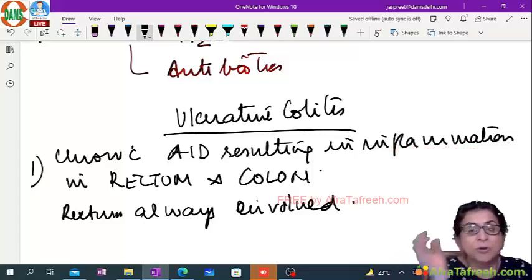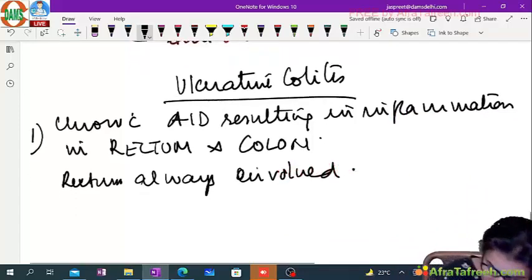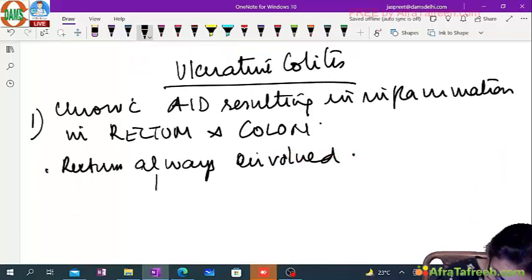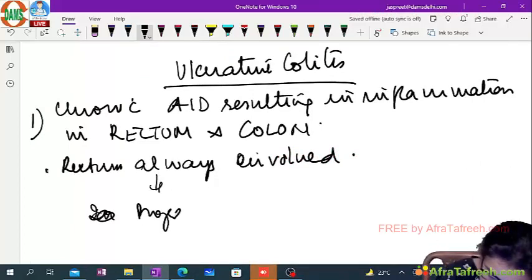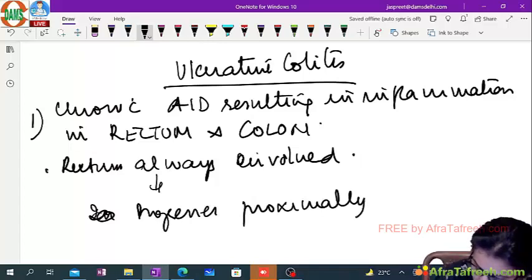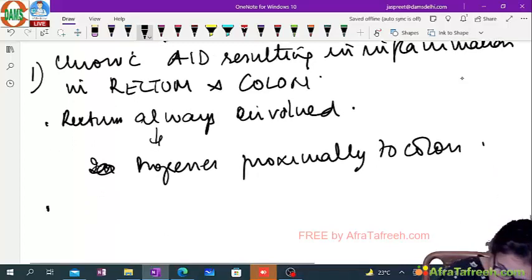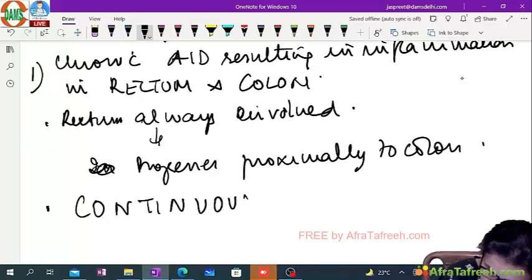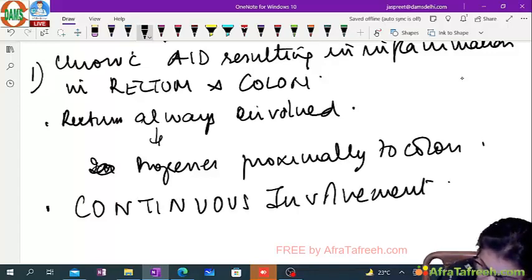So it will go proximally and shows continuous involvement. No skip lesions.